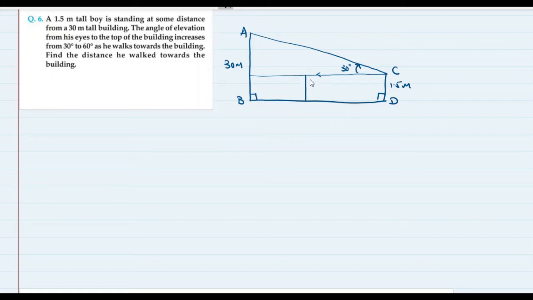The names of these two points, let me say P and Q, angle being 90 degrees over here. Now from this point also, this is the line of sight, and the angle of elevation is 60 degrees.